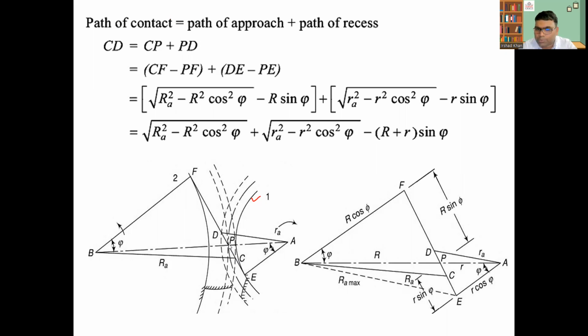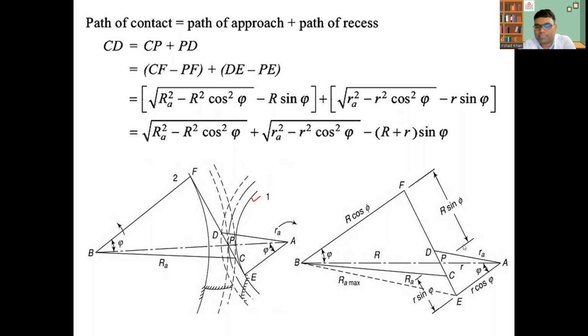CP we can write as FC minus PF, and PD we can write as DE minus PE.